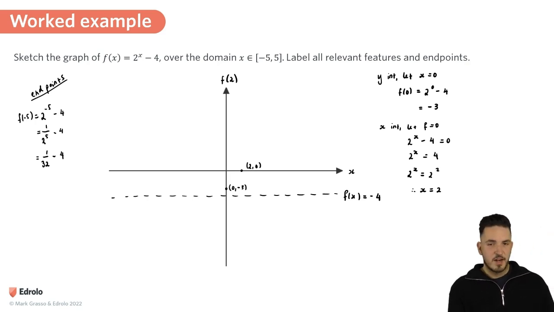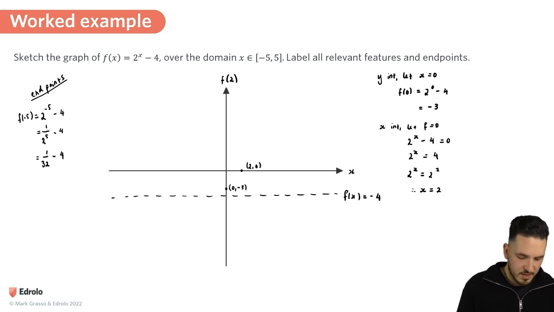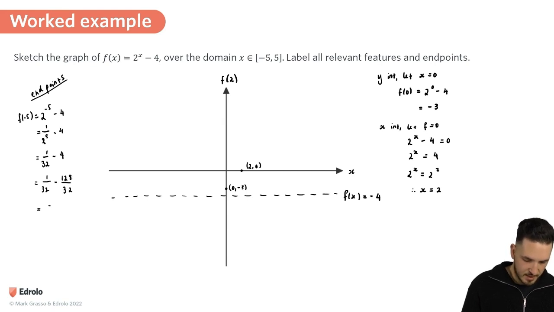When we add or subtract fractions, we need the same denominator, so we need to get that 4 to be over 32 as well, so we're going to have to multiply 4 by 32. 4 times 32 is 128, so it's going to be 1 over 32 minus 128 over 32, and that becomes negative 127 over 32.